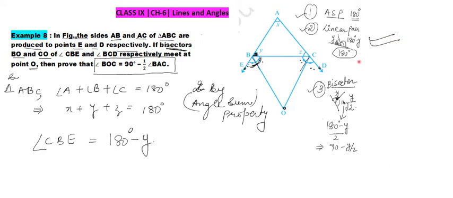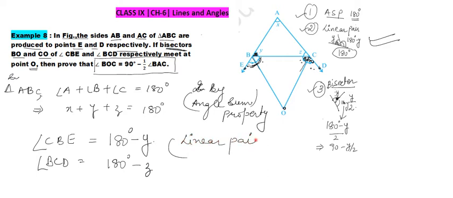Similarly, if I need to find out the value of this whole angle, that means angle BCD, angle BCD will again be equal to 180 degree minus z.